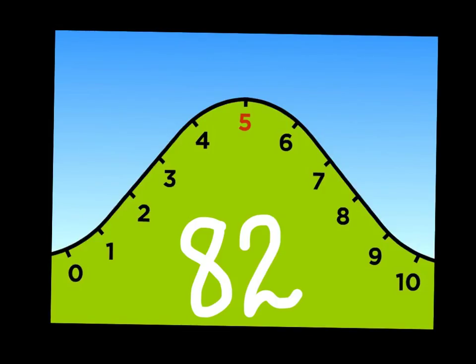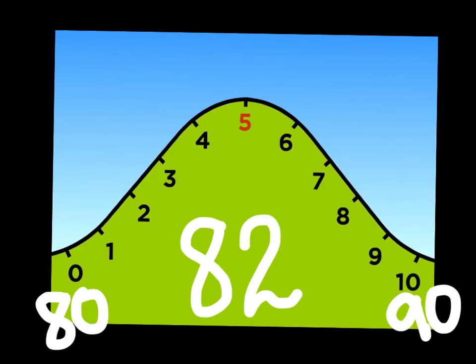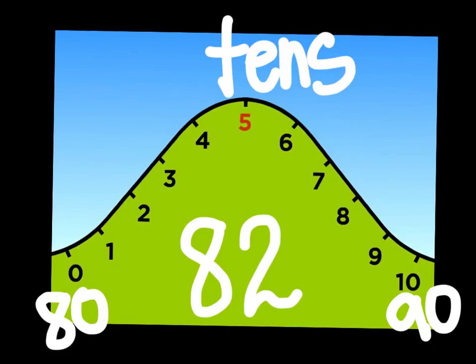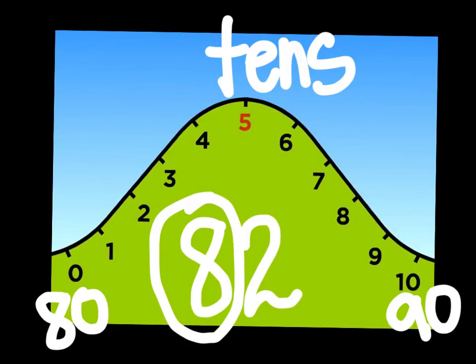Okay, let's do another example just like we did. So our number is 82. The two 10s it's in between, go ahead and say it with me. It's in between 80 and 90, right? So the place that I'm rounding to is the 10s place. So I'm going to circle my 10s place and underline my 2 because that's the number that's going to be moving.